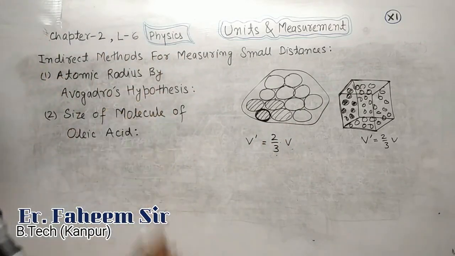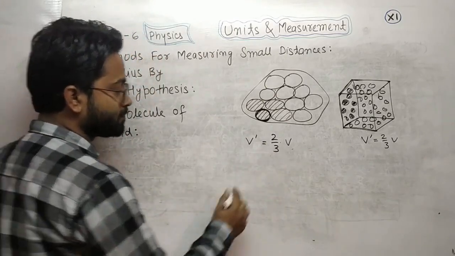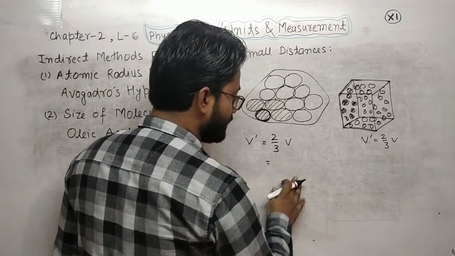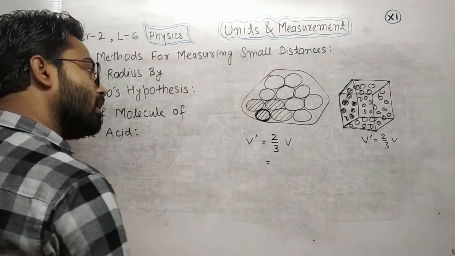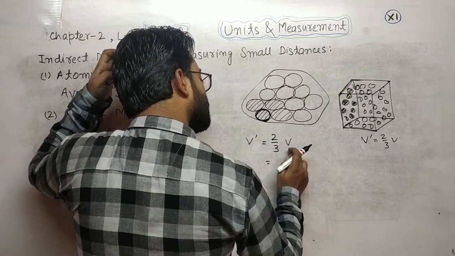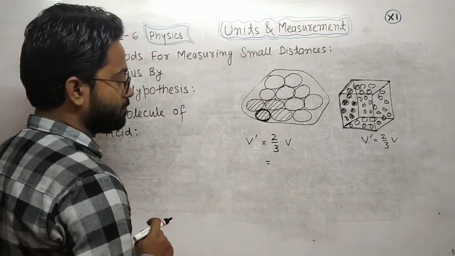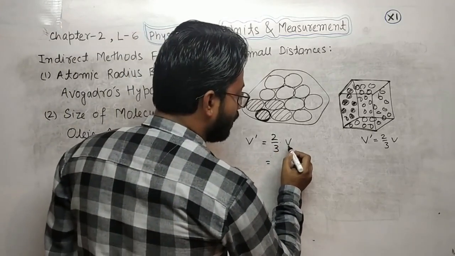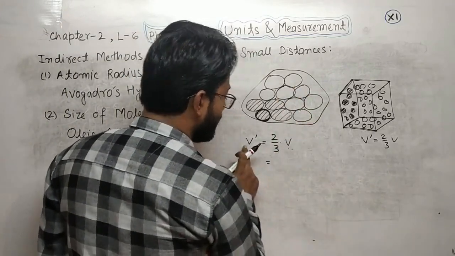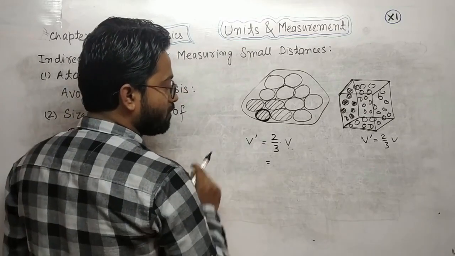That is Avogadro's hypothesis. How will we calculate? Here this is the volume of the atoms, and this is the total volume. How will you calculate the total volume?